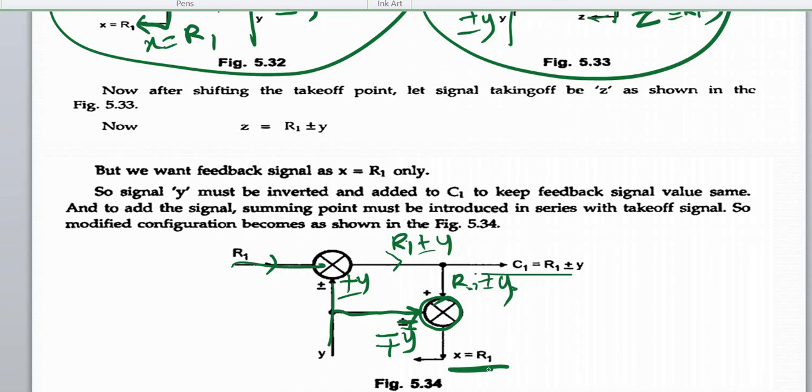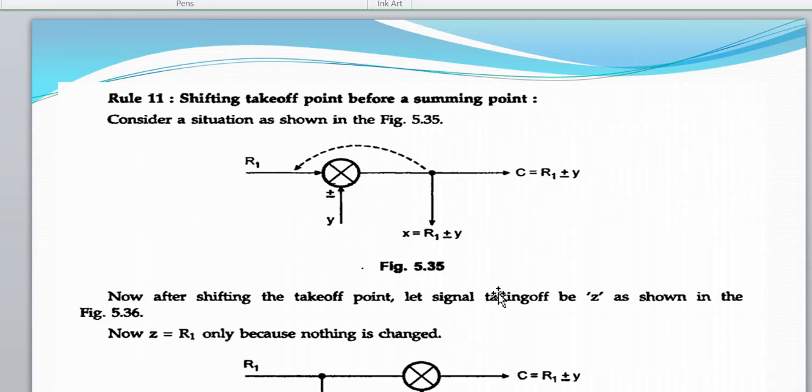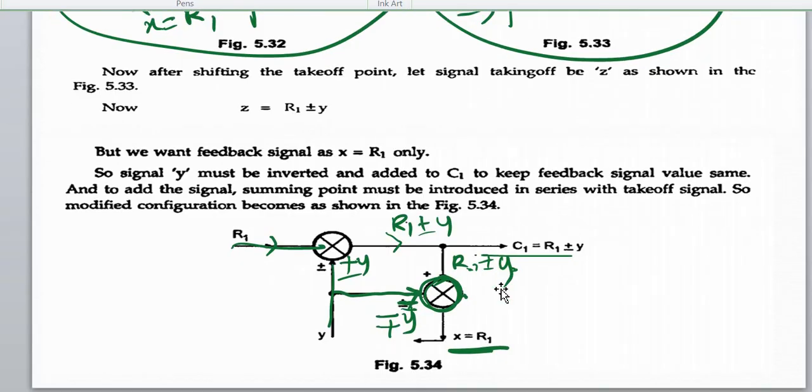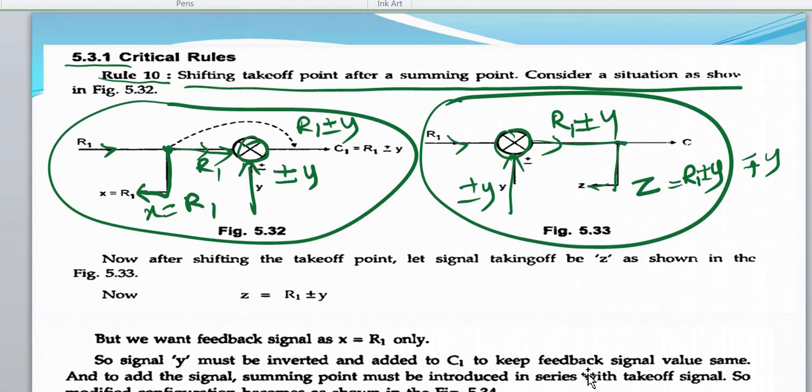So when you have to shift a takeoff point beyond a summing point, you have to introduce an additional summing point, and to that you have to add the signal in the algebraically reversed sign, so that the system doesn't get affected. This is called a critical rule, rule number 10.